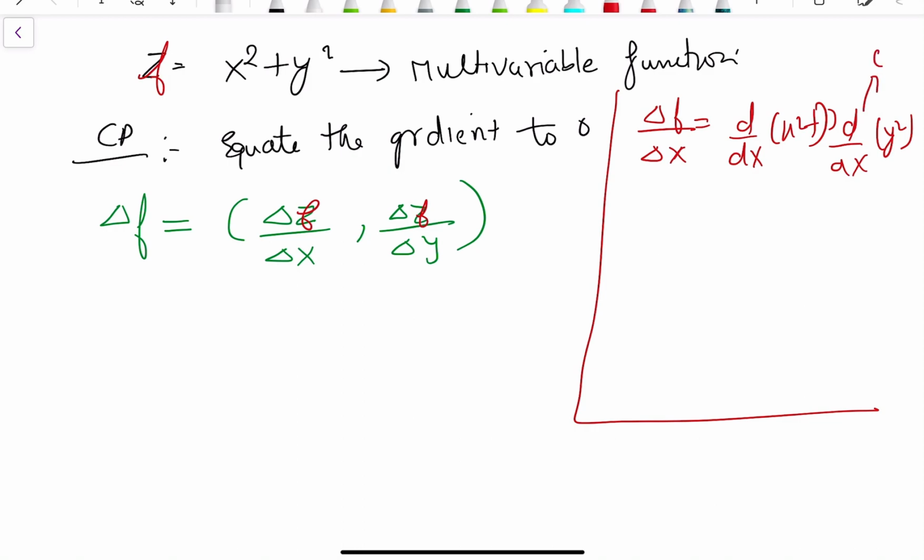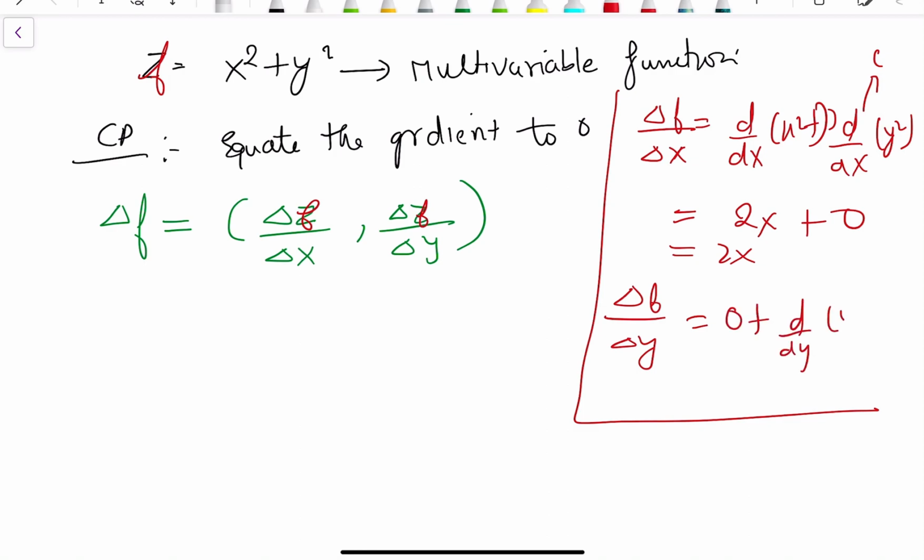This is a constant because we are differentiating with respect to x, so this is 0, and the derivative of x square with respect to x is just 2x. Similarly, del f by del y: we differentiate with respect to y, so x will be a constant now, and that derivative will be 0, plus the derivative of y square, which is 2y. So my gradient hence becomes 2x comma 2y.